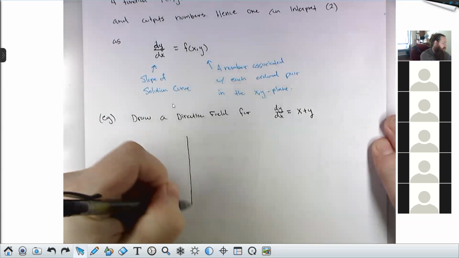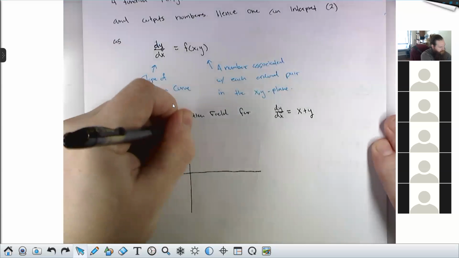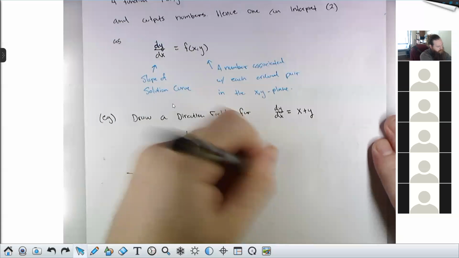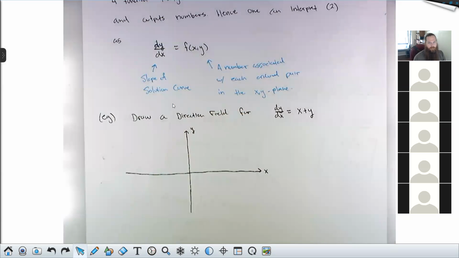So I'm going to begin by drawing the xy plane. And then I'm going to take a sampling of points and plug them into the function here, f of x y is x plus y. That will tell me the slope of my solution curve at that point. And I'm going to draw a tiny little line segment with that slope, or my best approximation of that.